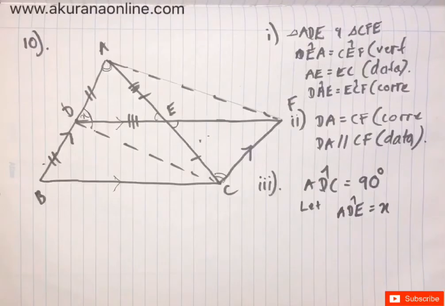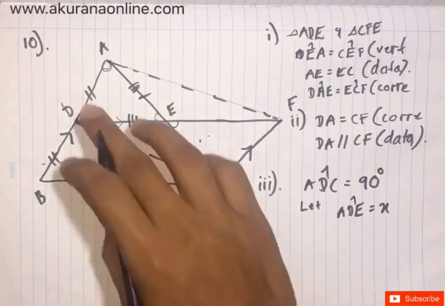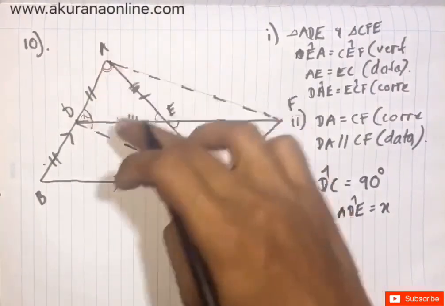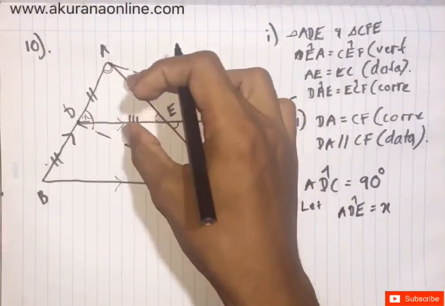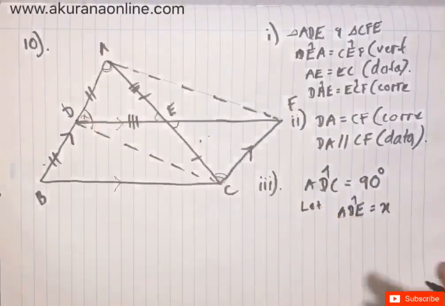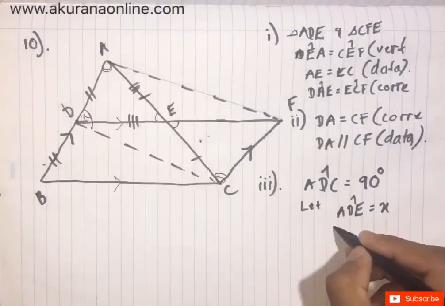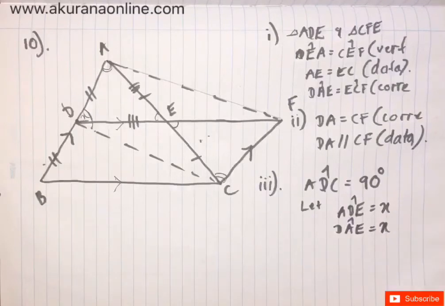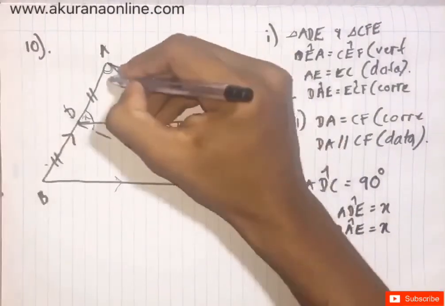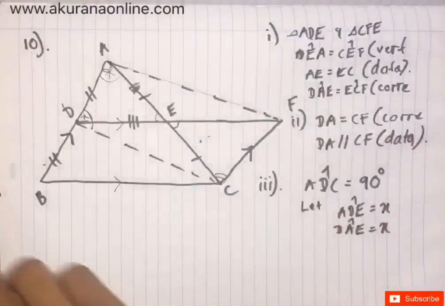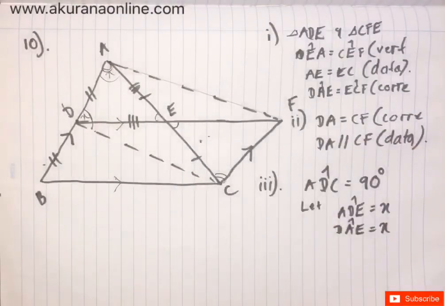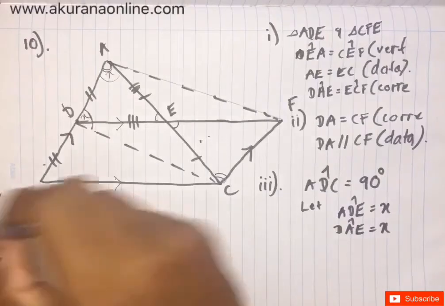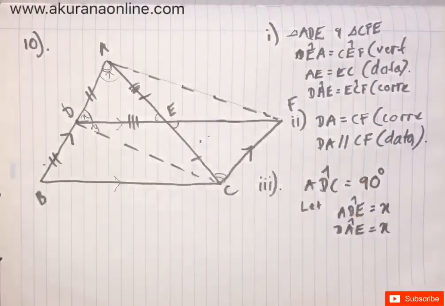Okay, also you can say, if that is X, this is also equal to X. Why? Since in this triangle, if two sides are equal, the opposite angles are also equal. Also angle DAE is equal to X. Now this part is also equal to X. Now the other thing you can prove is that, let us take this angle as Y. Now what can you say?